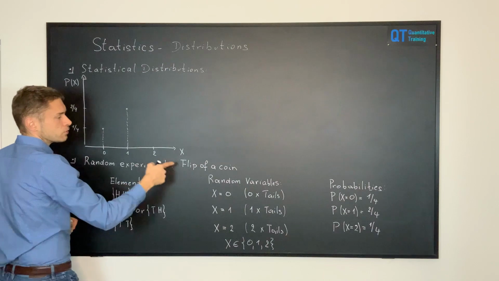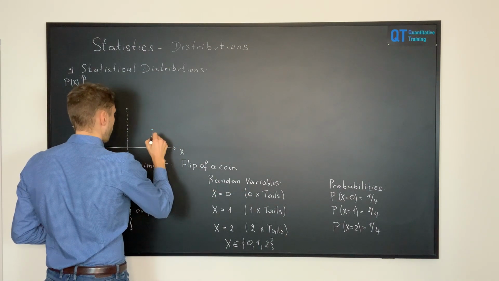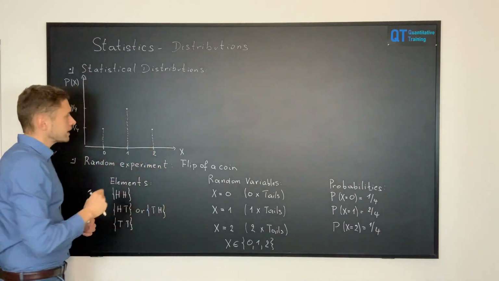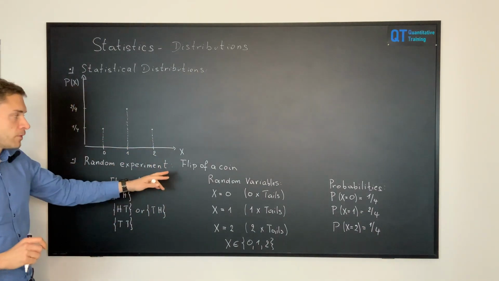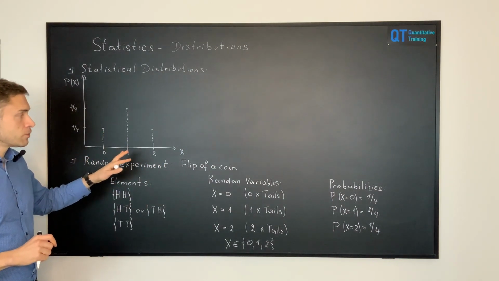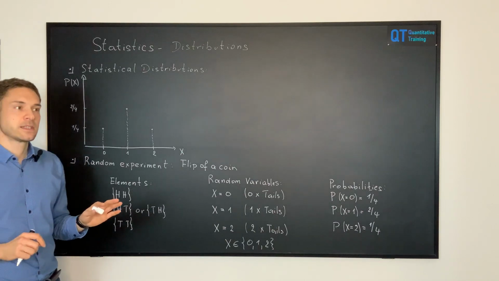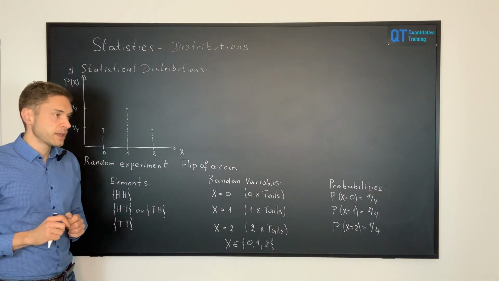And for x equals 2, we have again 1/4. So this is a distribution. This is the distribution of this random experiment of flipping a coin 2 times in a row. And it is a discrete distribution, because discrete means that we have only discrete precise values that can occur.